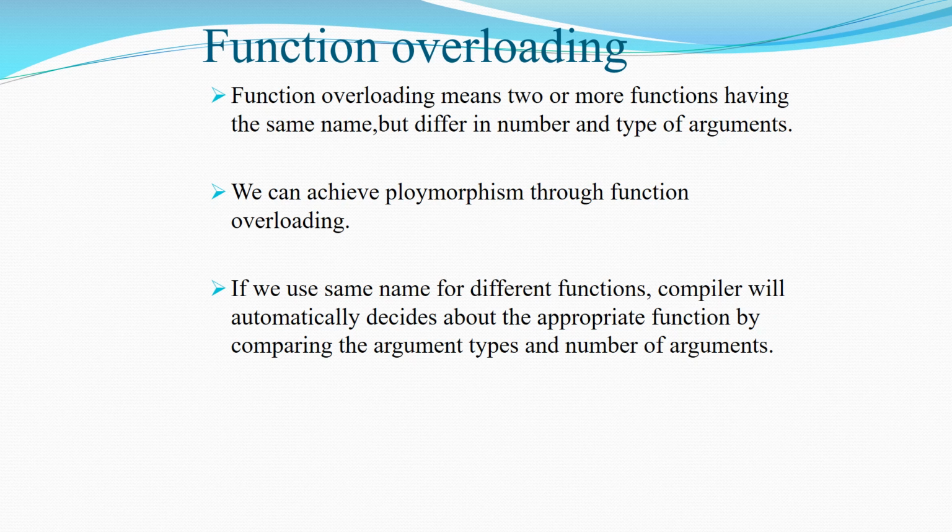If we use the same name for different functions, the compiler will automatically decide the appropriate function by comparing the argument types or number of arguments passed to the functions. This is how we achieve function overloading. We'll see how it is processed by looking at the syntax on the next slide.